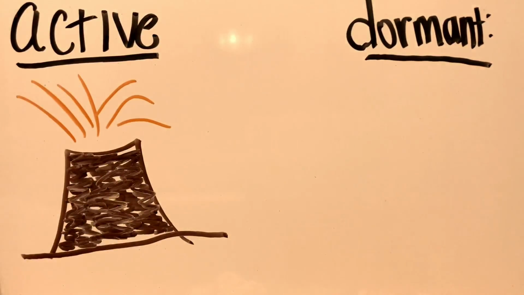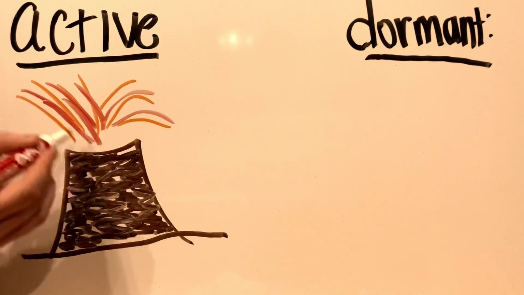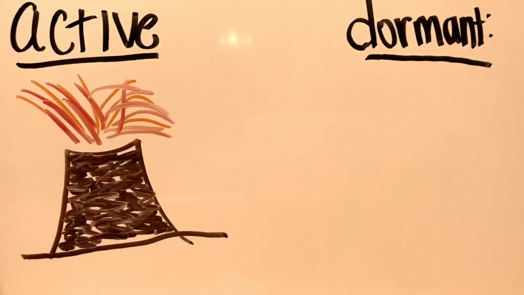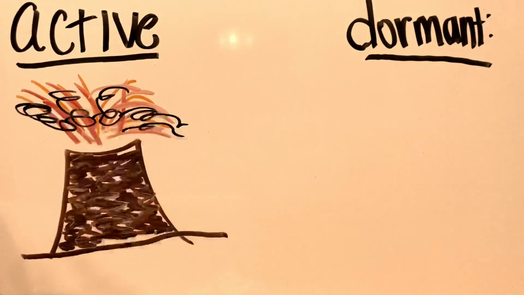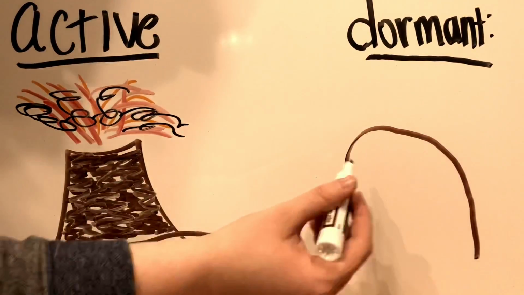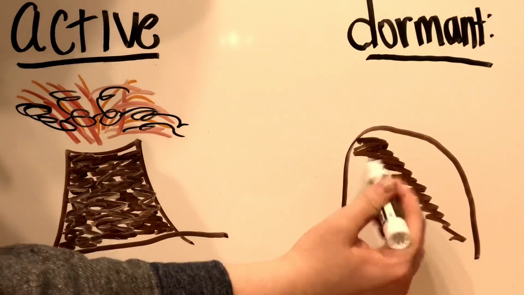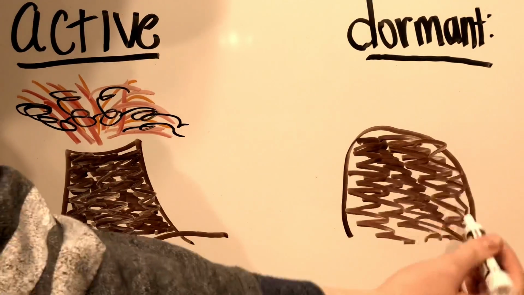So an active volcano can either be erupting or it doesn't even have to be erupting to be an active volcano. It just has to have one eruption in the past 10,000 years, which makes it so tricky to determine whether it's dormant or active. A dormant volcano is one that's not currently erupting, but it might at some future date.